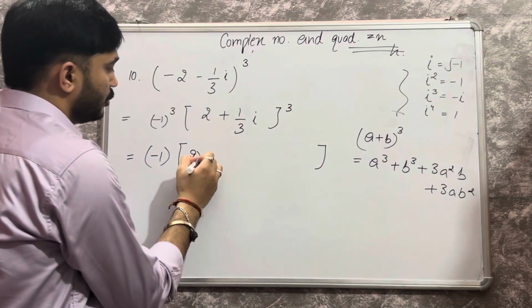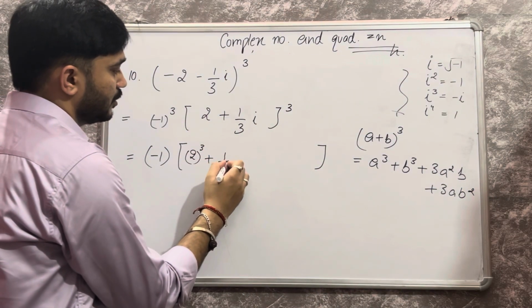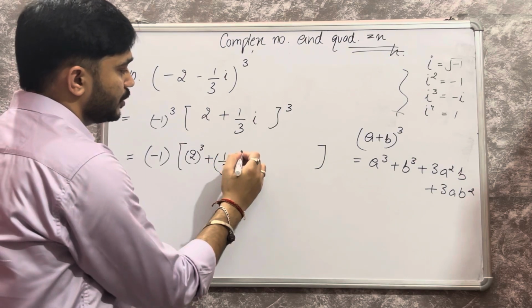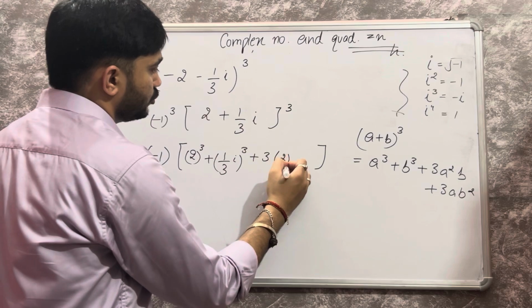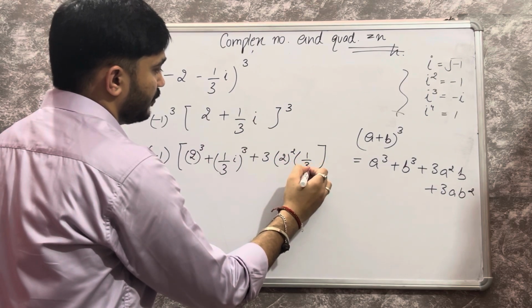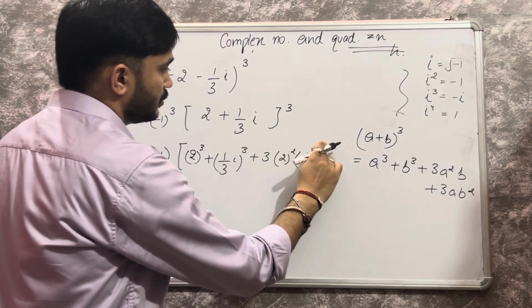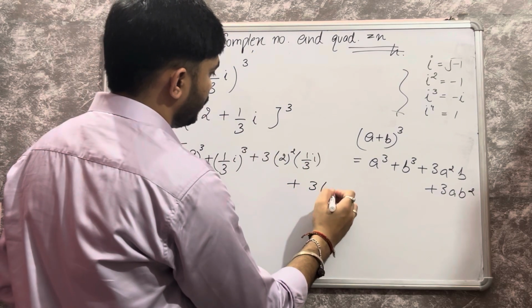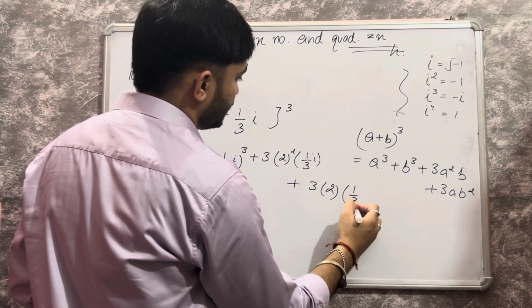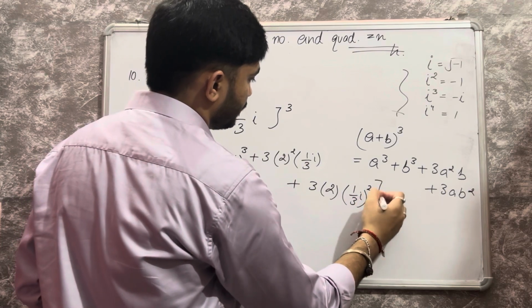So 2 cube plus 1 by 3 iota cube plus 3 into 2 square multiplied by 1 by 3 iota plus 3 into 2 into 1 by 3 iota square.